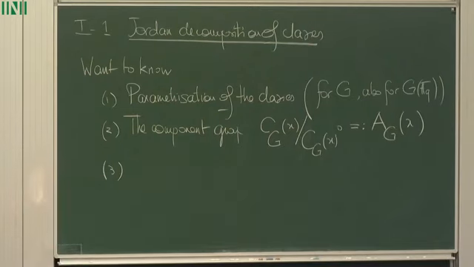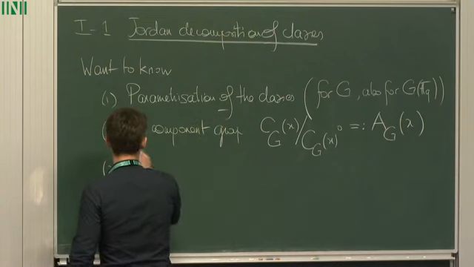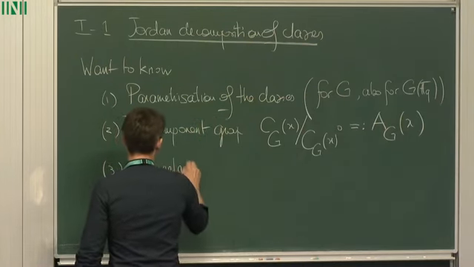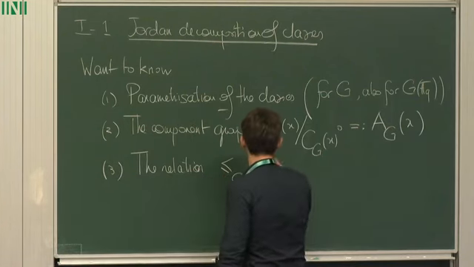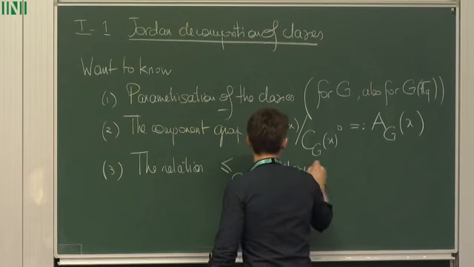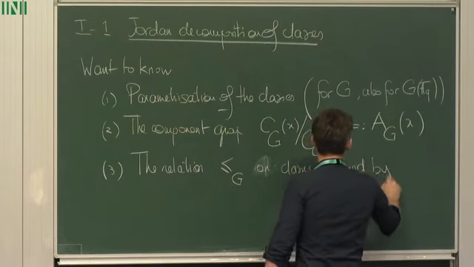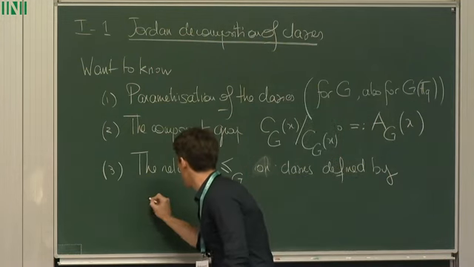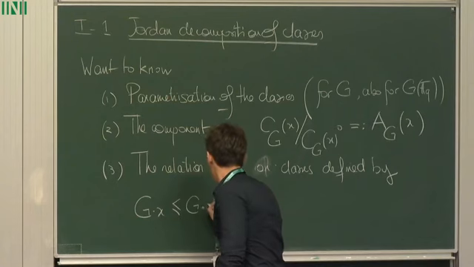And the third topological data that I will need is the closure relation among the classes. So the relation "smaller than" defined on classes or elements. So I will say that a class is smaller than a class.